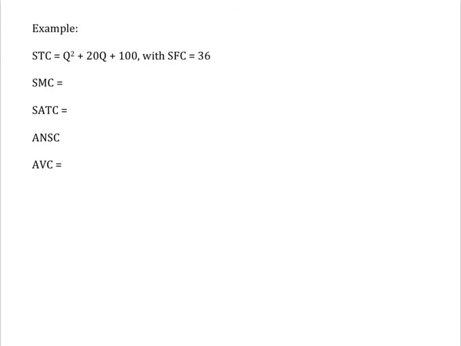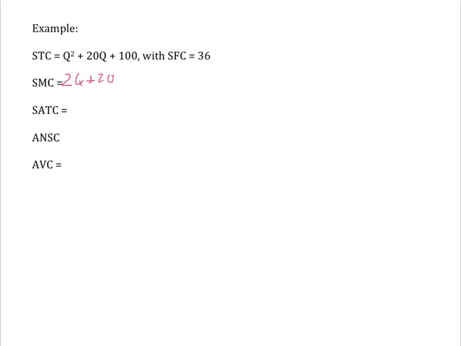Let's work an example. The firm faces this short-run total cost function with 36 of the $100 in fixed costs sunk. To get short-run marginal costs, we take the derivative with respect to Q, 2Q plus 20.